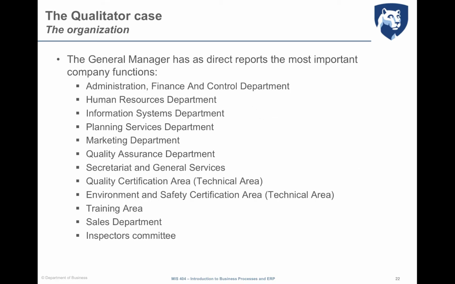There are several departments that will be described in the annexes of the Qualitator case, like administration, human resources, information systems, and the planning service department, each one with its role.